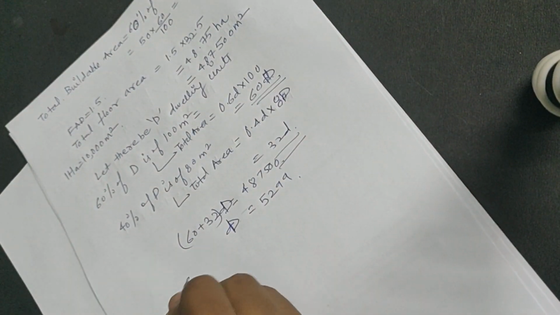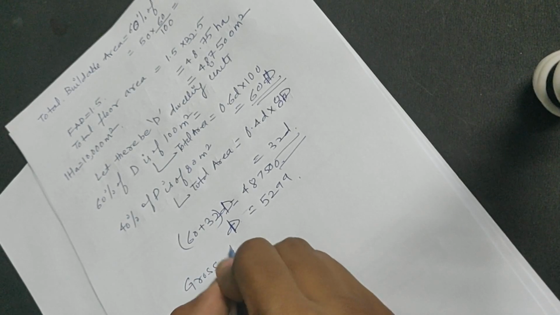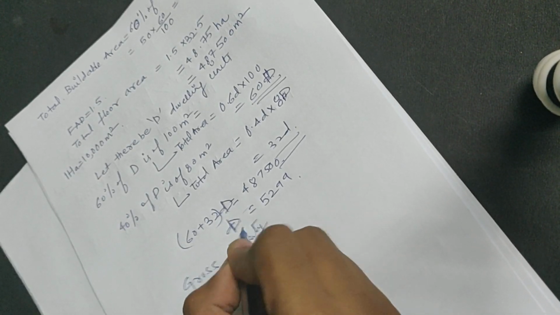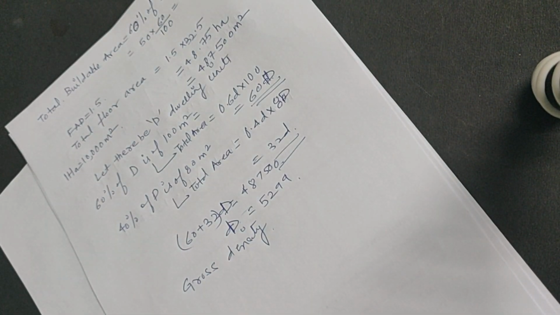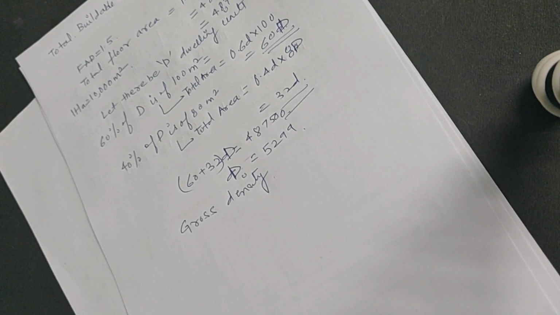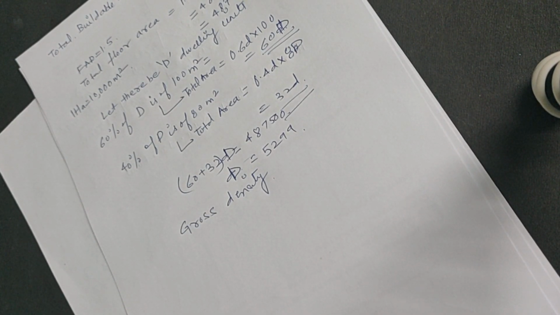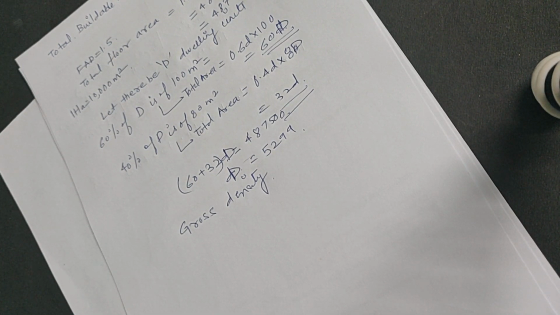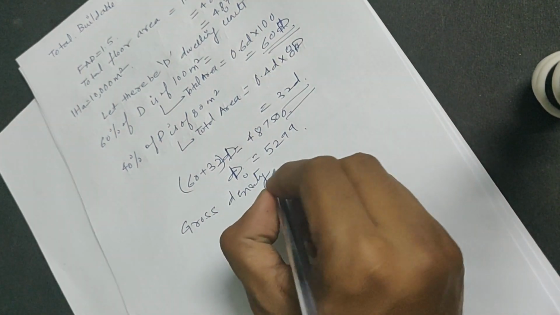And now we have to find out the gross density. When we talk about gross density, only the buildable area or the residential area would be considered. Your road area, recreational area won't be considered. Road area and these other areas would be considered when you calculate your net density.